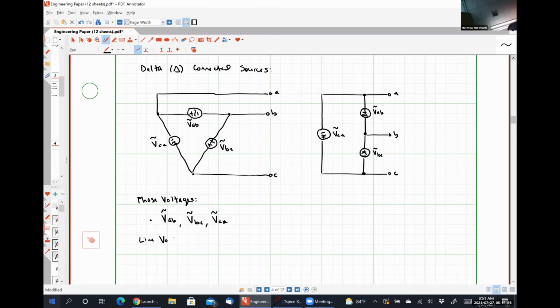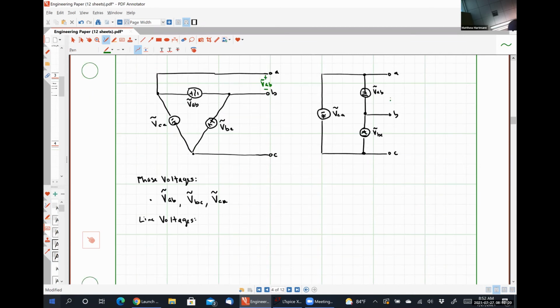Now here's where things can get confusing, right? So if we go based on our definition of a line voltage, meaning it is a voltage measured between the transmission line terminals, we would have a voltage VAB, like so.